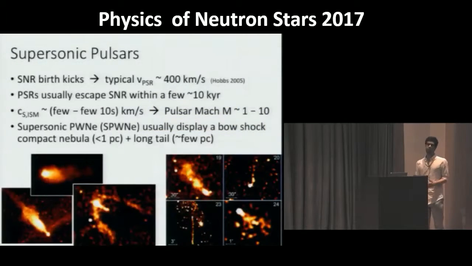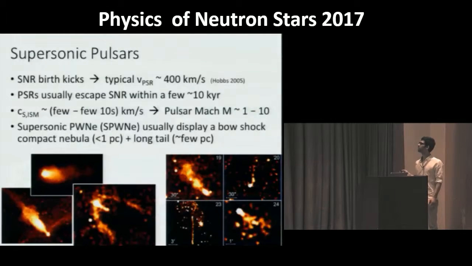So supernovae typically give pulsars a birth kick on the order of 400 kilometers per second, although some are as slow as 50 and some are as fast as 1,000 kilometers per second or more. So this means pulsars usually escape their supernova remnant within a few tens of kiloyears. ISM speeds of sound can vary from a few kilometers per second to a few tens, even 100 in some cases.